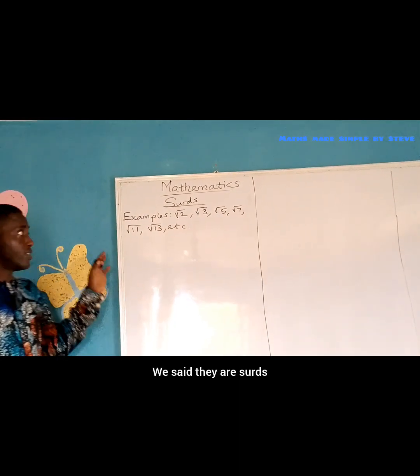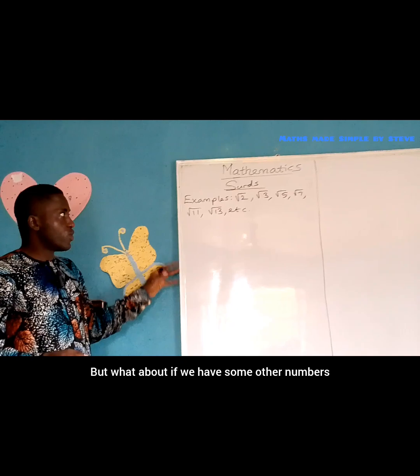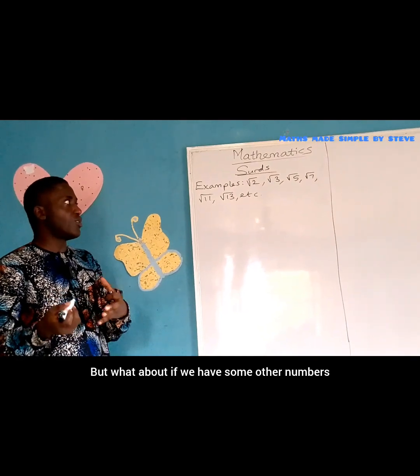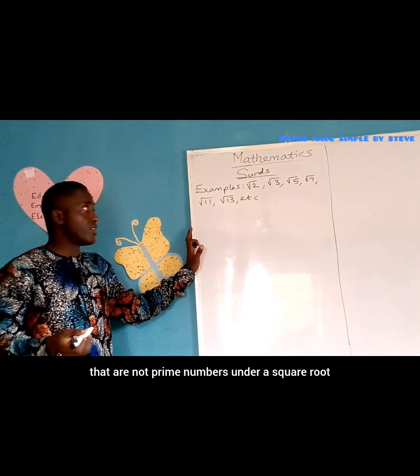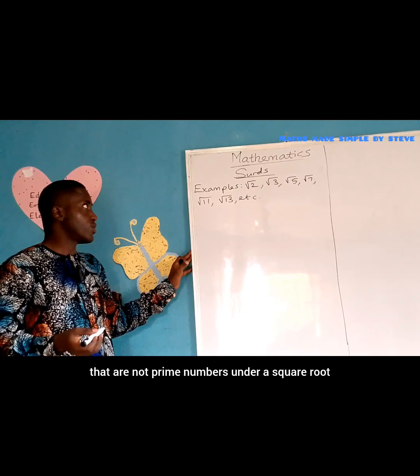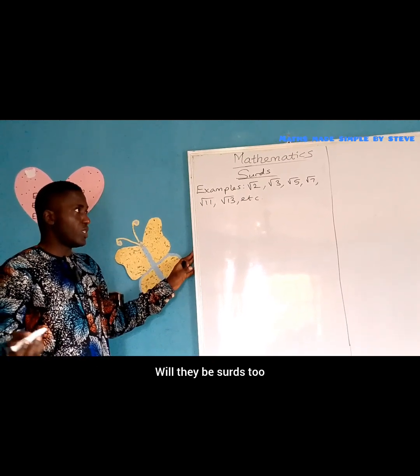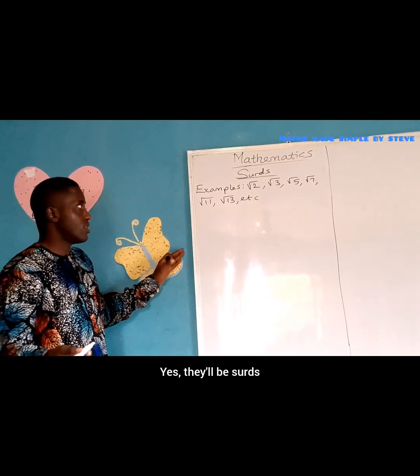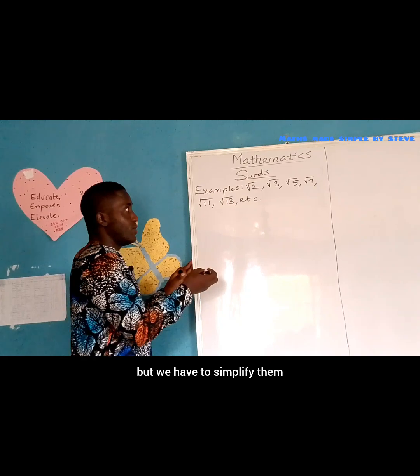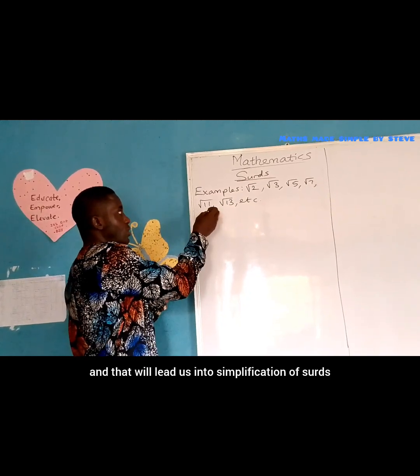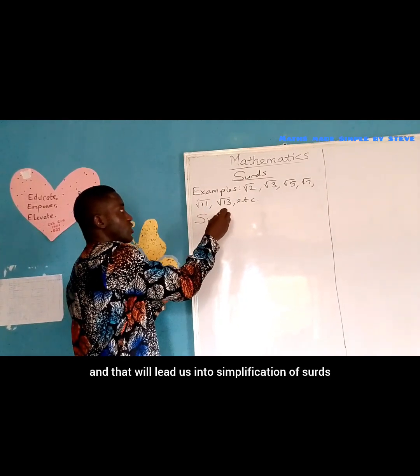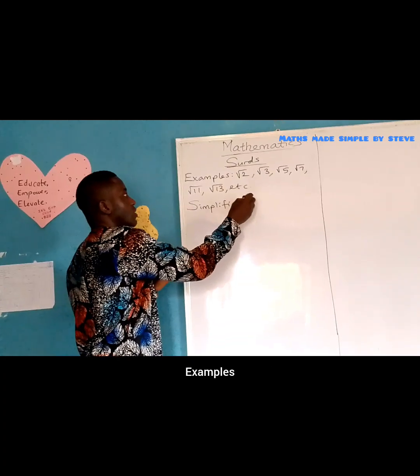We said they are surds. But what if we have other numbers that are not prime numbers under a square root? Will they be surds too? Yes, they'll be surds, but we have to simplify them, and that will lead us into simplification of surds.